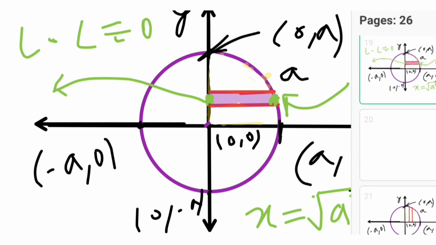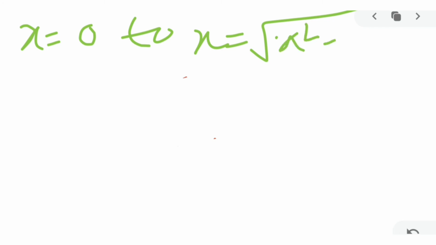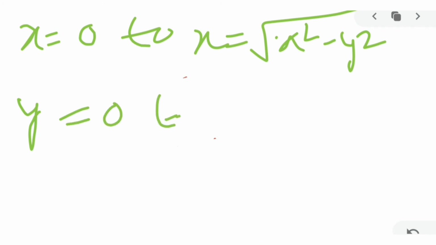So let me write this down here in this slide. Okay, so the limits of x will be 0 to x equals root over a square minus y square, and limits of y will be 0 to y equals a.